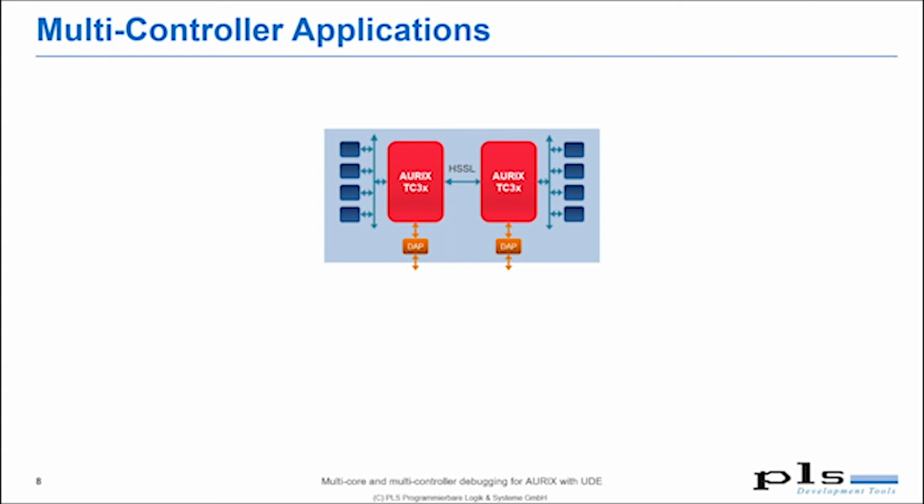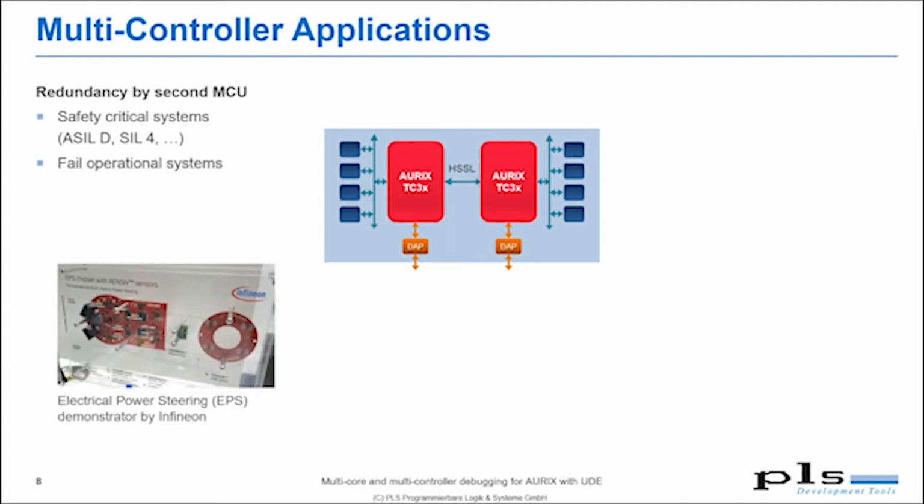with such tightly coupled MCUs. The first scenario that we have is, for example, a safety critical system with redundant MCUs for ensuring the functional safety. So each MCU monitors the other one, whether it is alive and doing the right things.